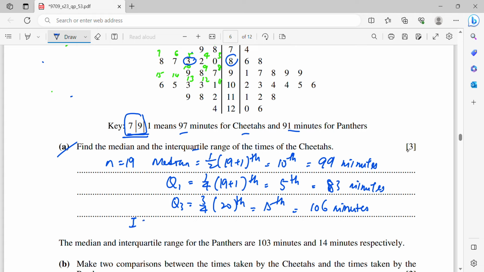So now the interquartile range will be Q3 minus Q1. That means 106 minus 83. Then you will be getting 23 minutes. Okay, so that's the solution for A.